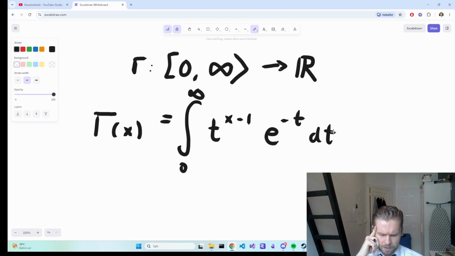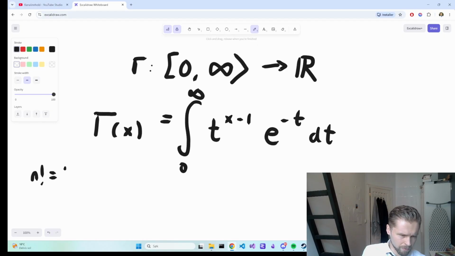That gives us the definition of a factorial. For instance, n factorial would be gamma of n plus 1.